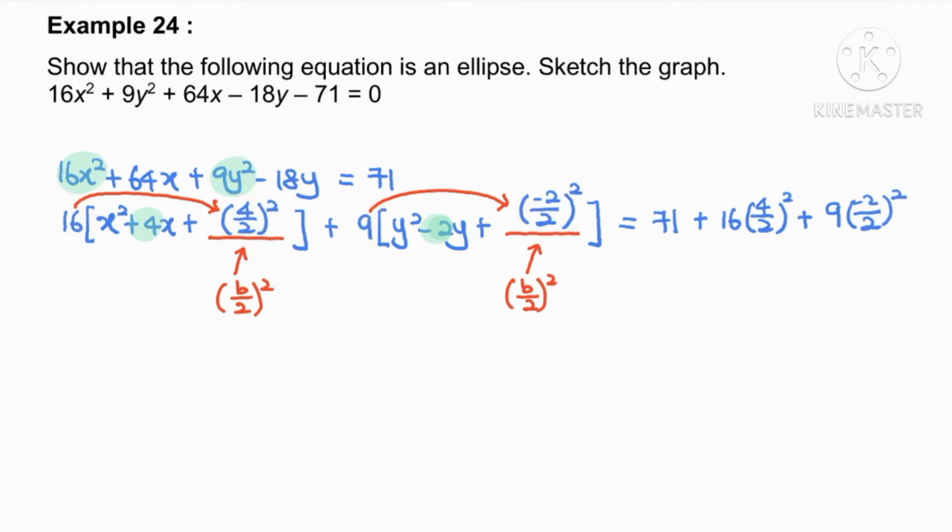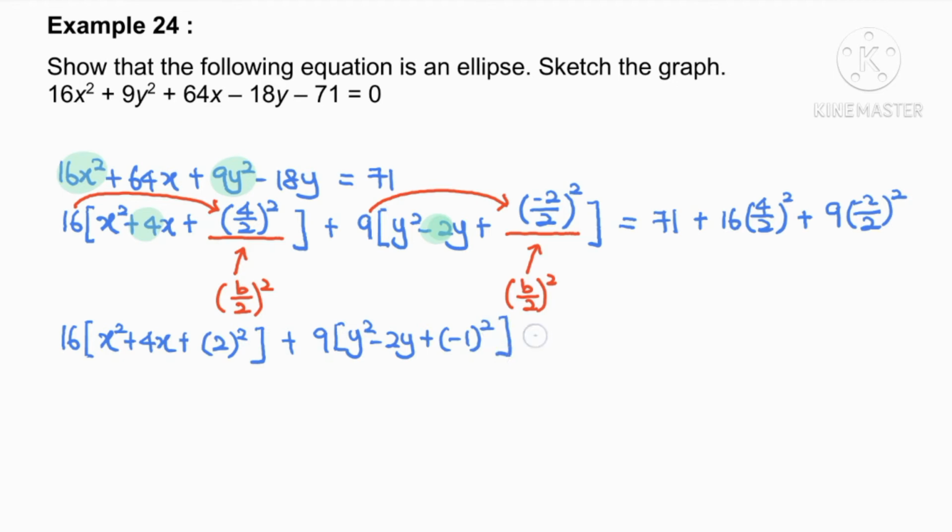Now we can rewrite the equation. So 4 over 2 is 2. And over here, negative 2 over 2 is negative 1. So here is 16 times 2 squared plus 9 times negative 1 squared.